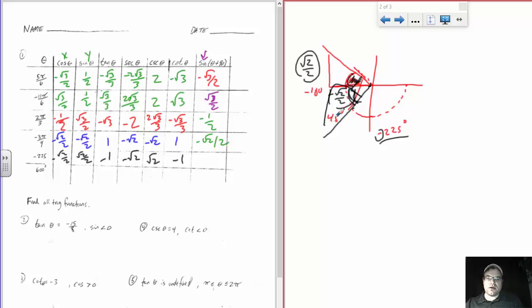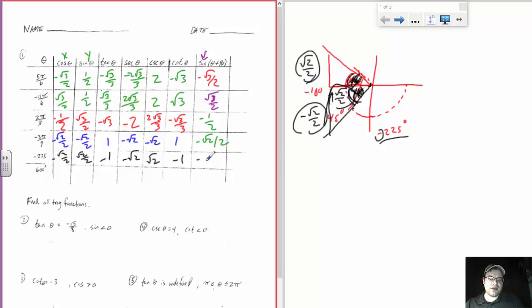It's the same. Okay, so the 45 degrees is right here. All that's going to happen is that this positive root 2 over 2 is going to become negative root 2 over 2, because this angle here is the same as this angle here. So that's what's going to happen. That's going to be the sine of the new angle when you add 90 to it, so it's going to be negative root 2 over 2.